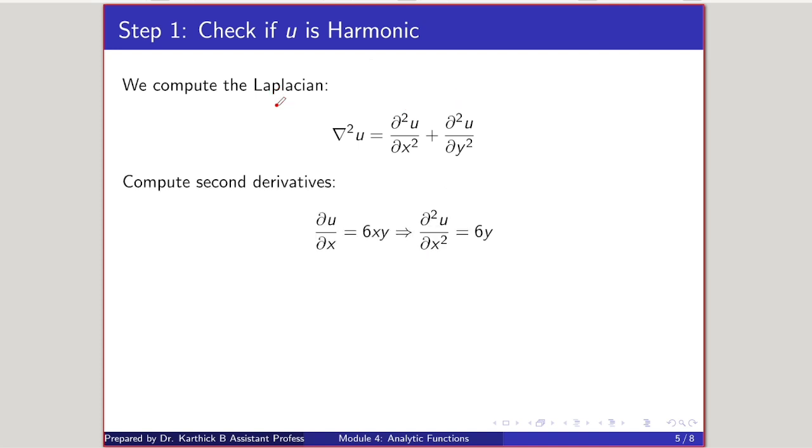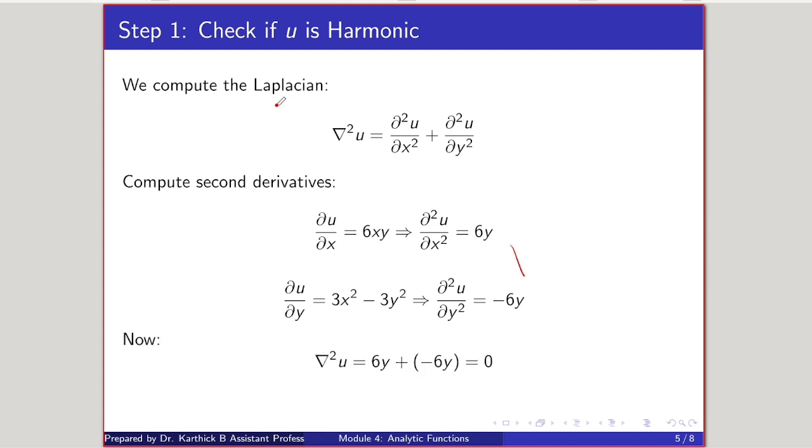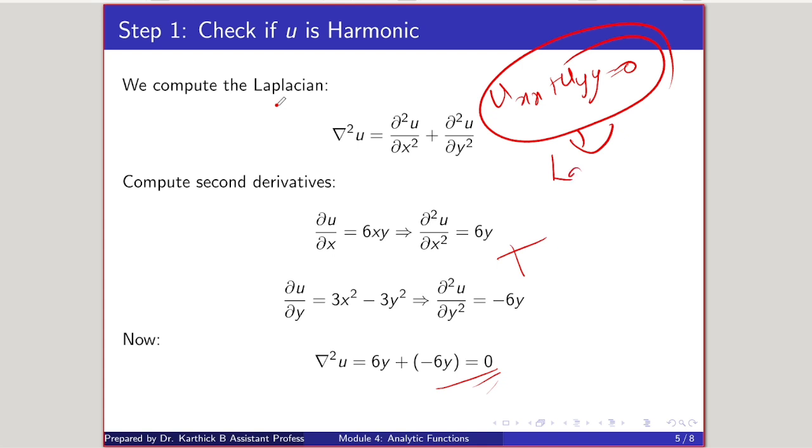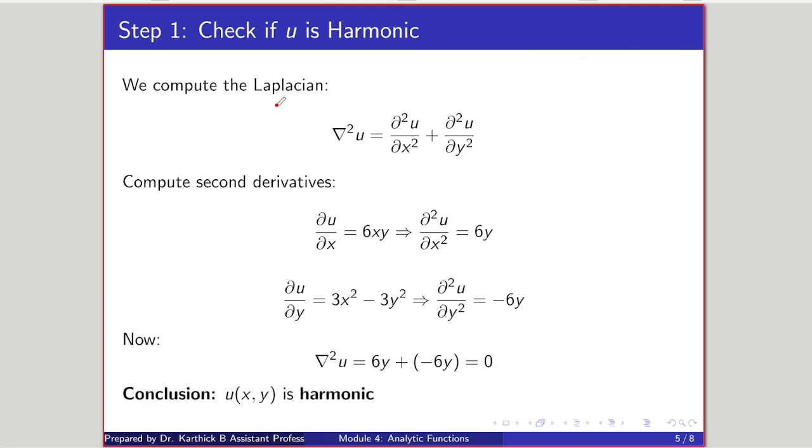If I add both, you will get 0. So uxx plus uyy equals 0. This is called the Laplace equation. If it satisfies the Laplace equation, then we say it is harmonic. So u satisfies the Laplace equation, therefore it is harmonic.